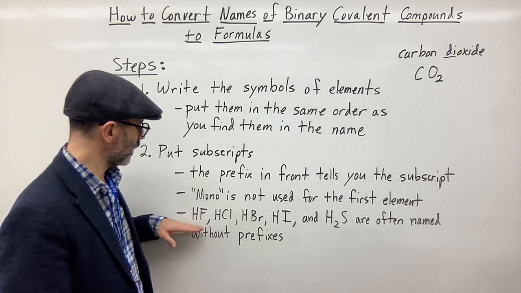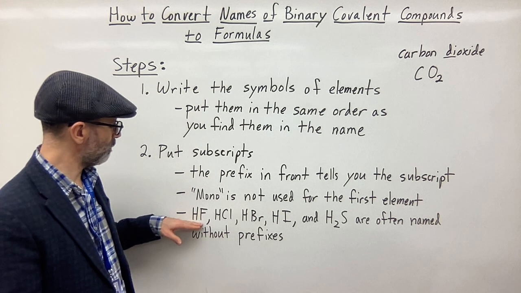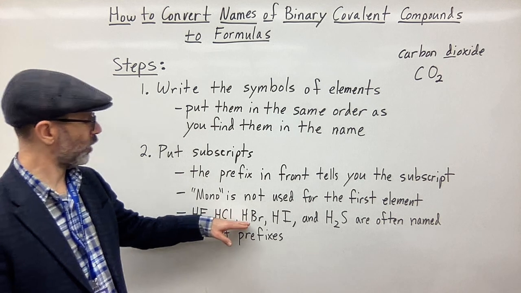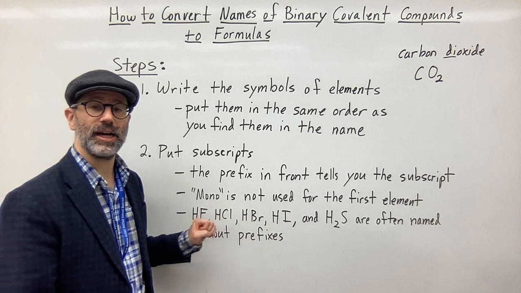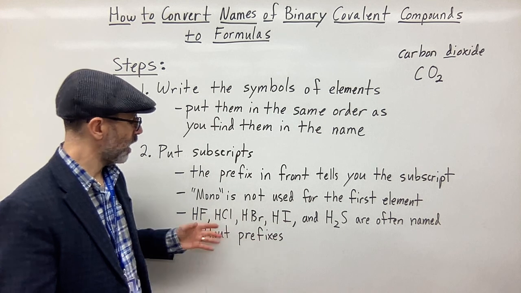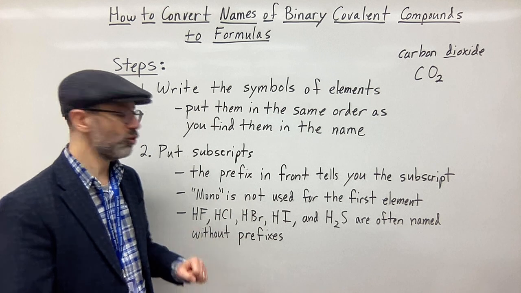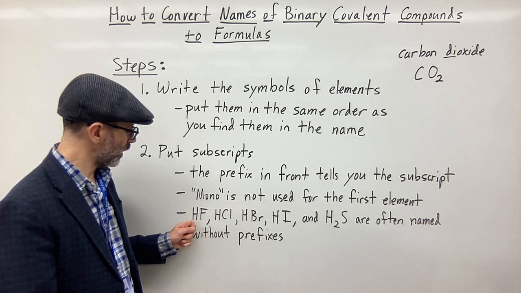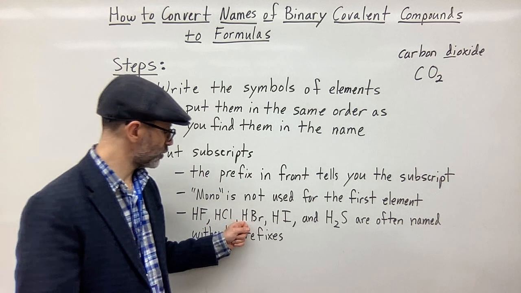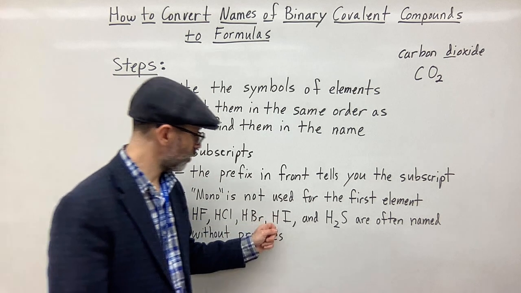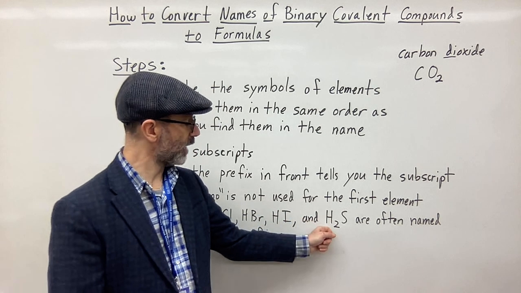Now, a thing to keep in mind, you have to remember from my previous video that compounds like HF, HCl, HBr, HI, these are substances that have a hydrogen with a halogen. They are often named without prefixes. So you could name these with the prefixes, like hydrogen monofluoride, hydrogen monochloride, hydrogen monobromide, hydrogen monoiodide, and then this would be dihydrogen sulfide, right?